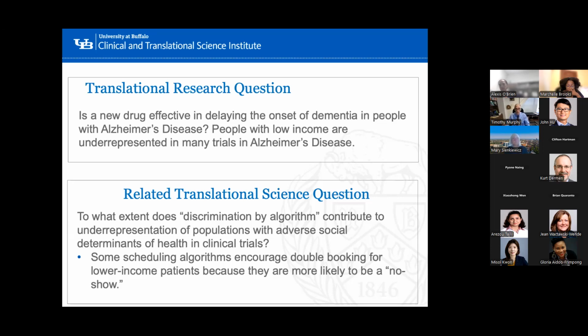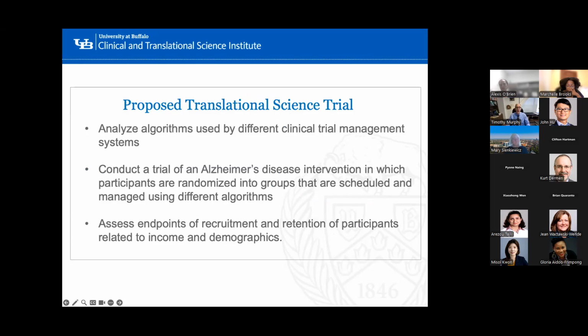So what would be the project? Well, you can analyze the algorithms, go deep, and see what those different clinical trial management systems actually look like, and then you can randomize or look at people who are scheduled using two different algorithms and look at what, for example, the poverty level or the social determinants of health of those two groups are, the demographics, for example.